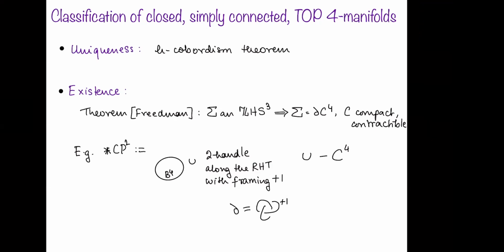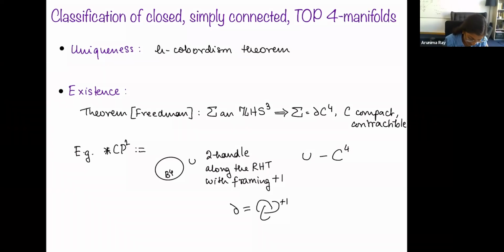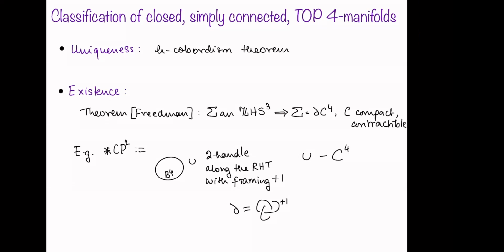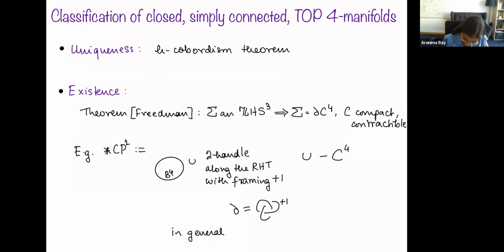So the left-handed trefoil doesn't have, like, the right, what is it, ARF invariant or something? No, it does. So I just wrote RHT, so I wanted to. So you just wanted to be consistent. Okay. So in general, any K with ARF invariant 1 will produce star CP2.